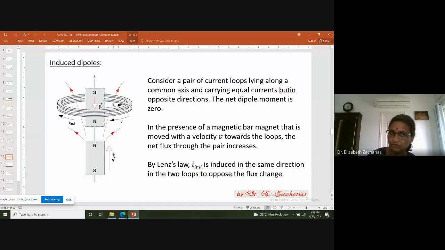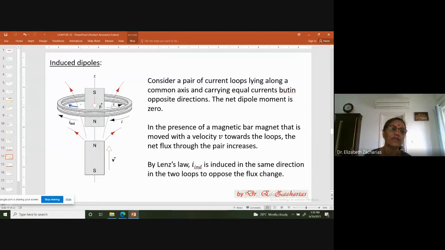When you move it with a velocity v, you find that the flux through the loops will increase. Therefore, there will be induced currents. But the induced currents will be in the same direction for both of these loops. Therefore, the induced magnetic field will be in the downward direction.